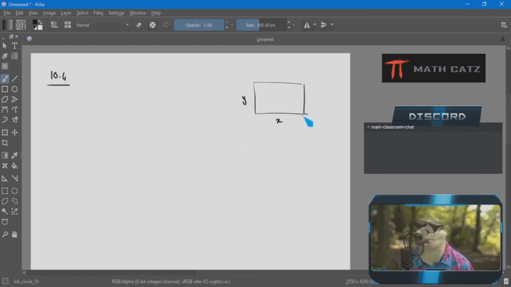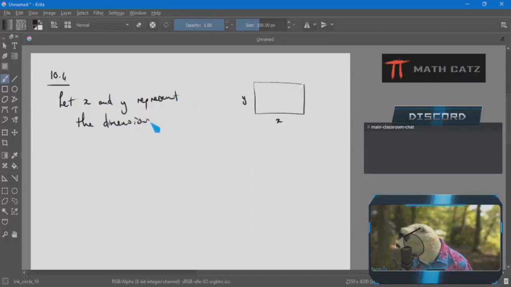So the diagram on its own is not a sufficient definition of the variables that I'm going to use. It helps me, but I have to say, let X and Y represent the dimensions of the garden.